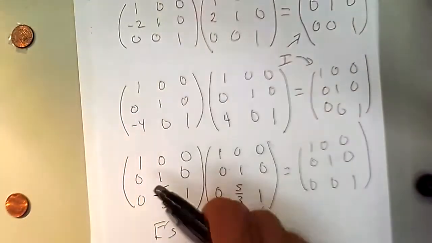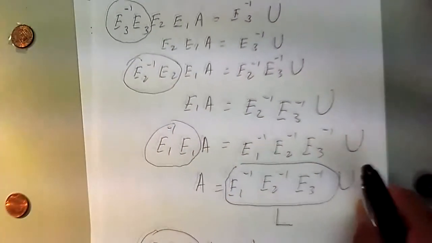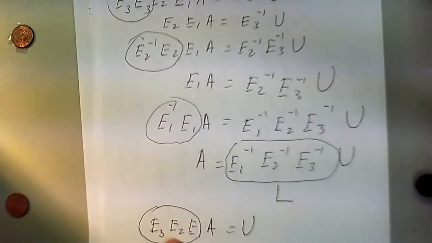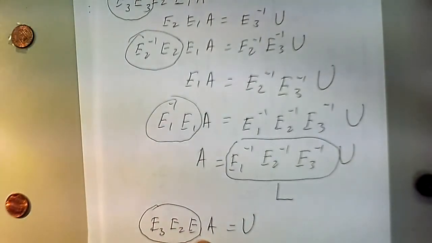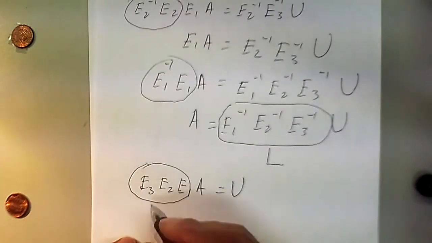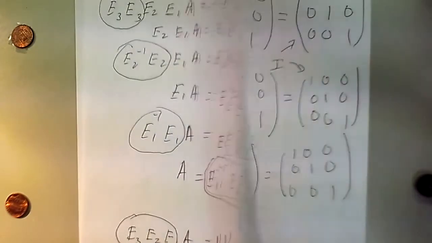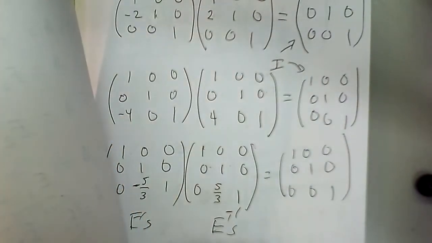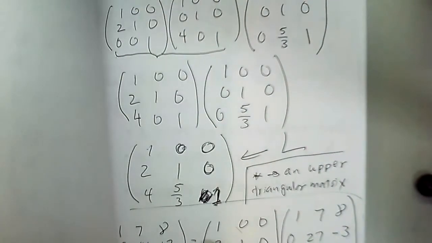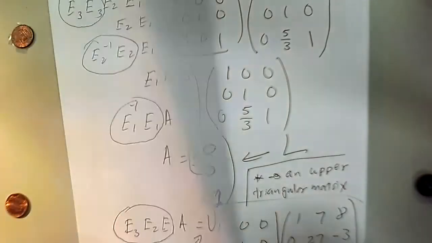Just multiply those 3, which we already got from this step. So multiply them together without finding the inverses. You're going to get a big giant E. And then take the inverse of this. And that's going to give us exactly the same answer. We're going to end up with the same L.